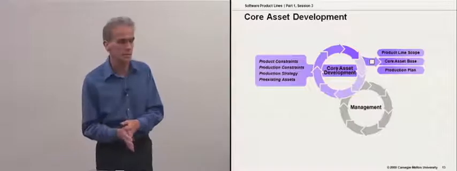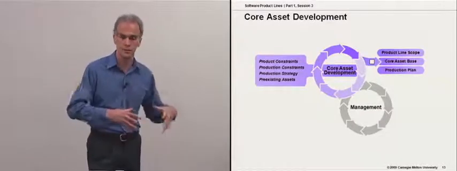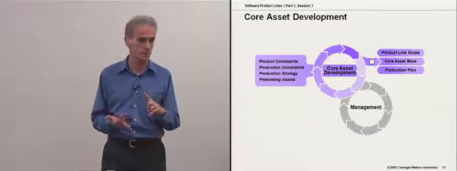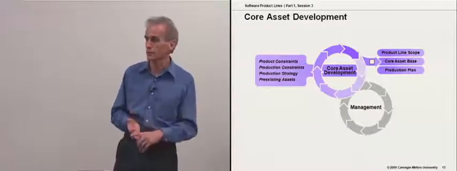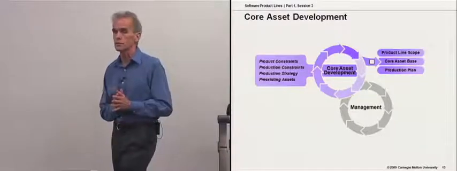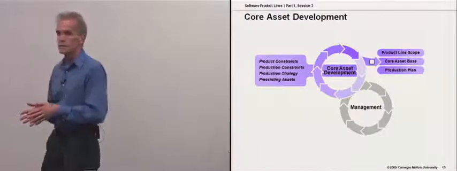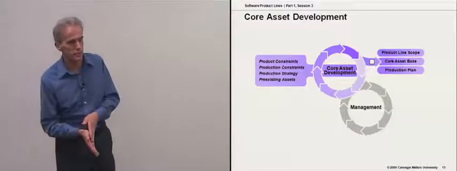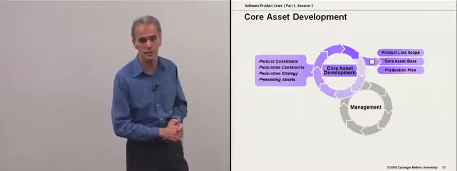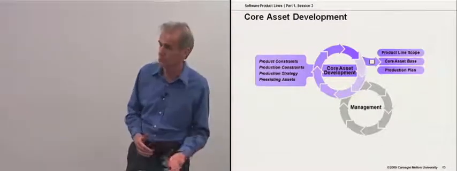Are we going to do this as a totally new effort outside of existing products? So our strategy is top-down. We're going to create a whole new architecture and a set of components for this new future product line. Or are we going to try to reuse as much as we can from existing products and artifacts, because that's where our intellectual capital is tied up and it's a lower startup cost?